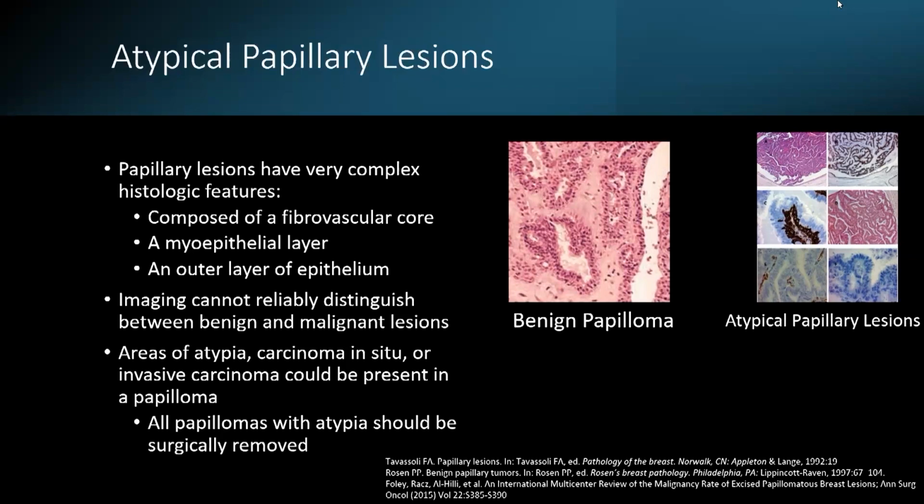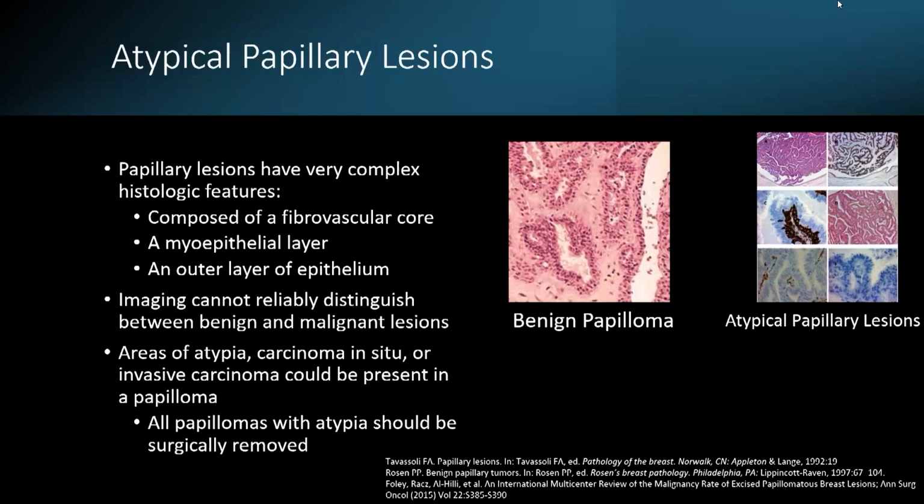And so when you look with imaging, we cannot distinguish between a benign or malignant lesion. And nice reviews by Tavassoli, Rosen, and Foley tell us that areas of atypia, carcinoma in situ, or even invasive cancer can be present in a papilloma. If you have atypia in a papilloma, it should be surgically excised.